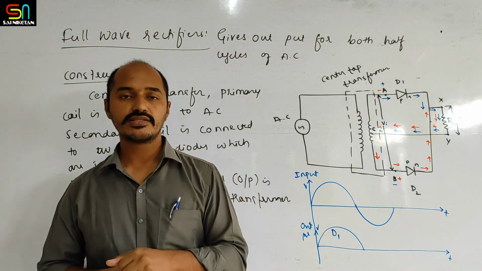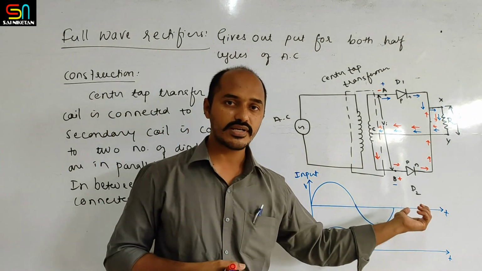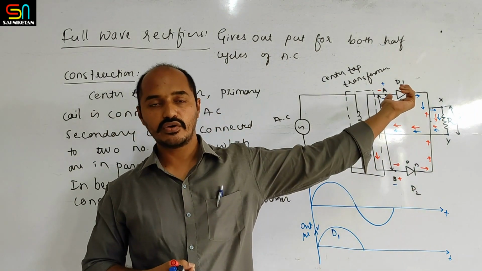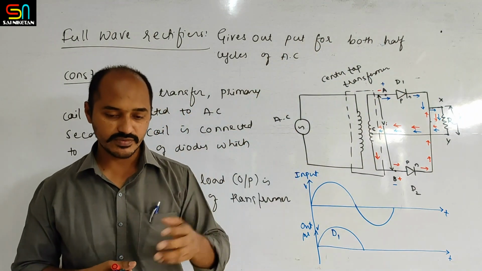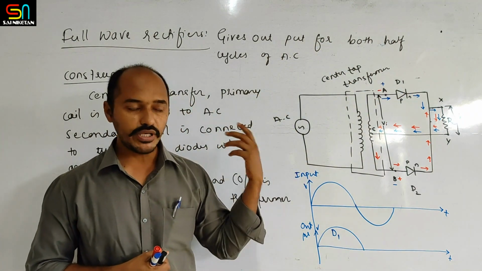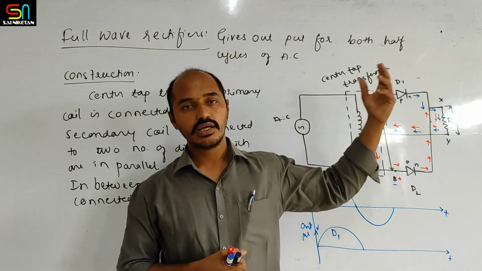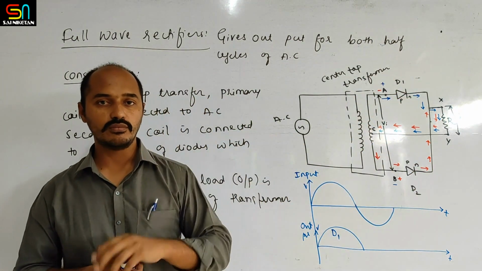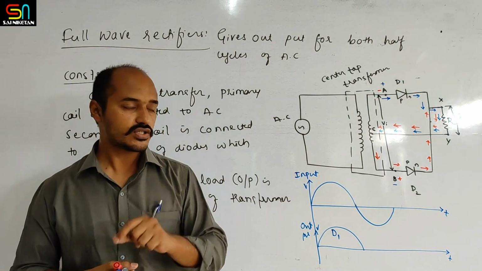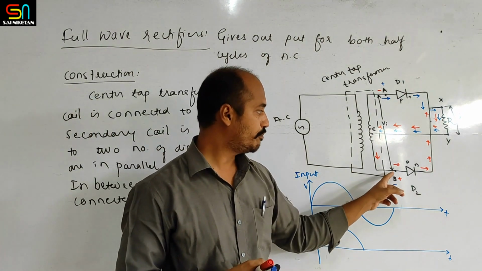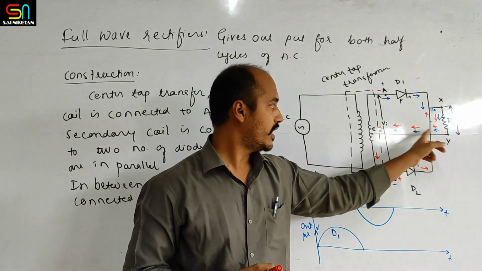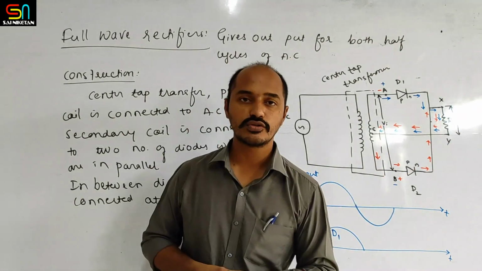Being positive at point B, D2 becomes forward biased and D1 becomes reverse biased. So D2 allows the current to flow through it, but D1 is reverse biased, so there will be no current flowing through it. So the direction of current flow is B, X, Y, C.